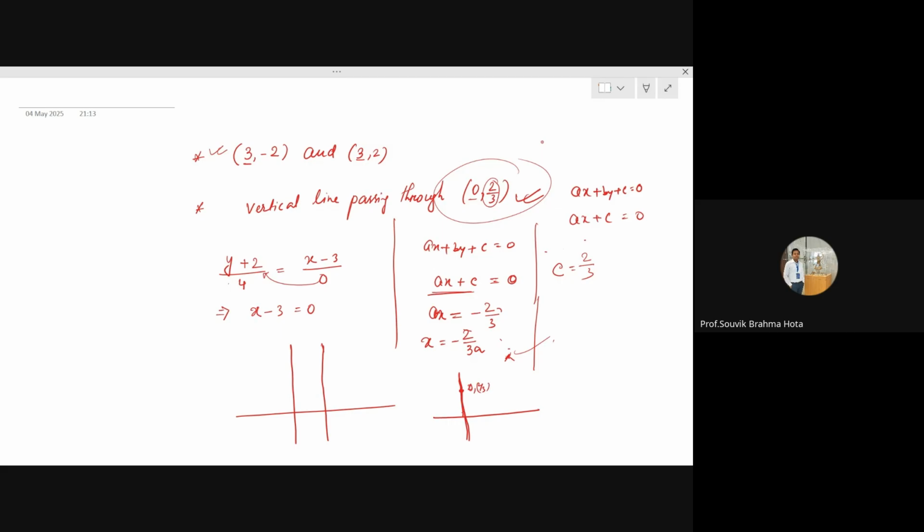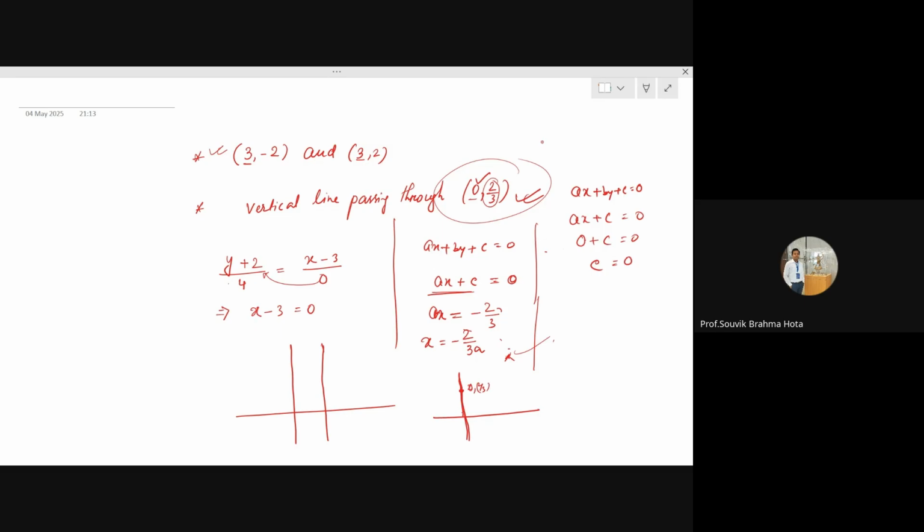See, ax plus c is equal to 0, we are agreeing with this. Now if you put the value of x, this becomes 0 plus c is equal to 0, so c becomes 0, correct?